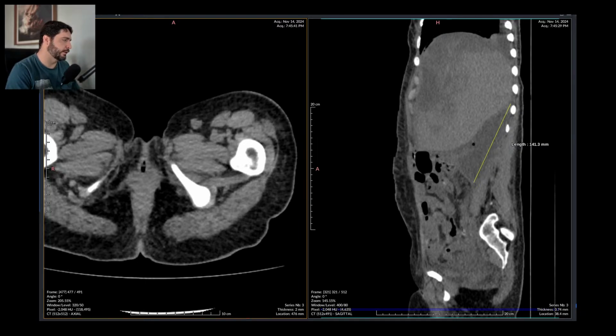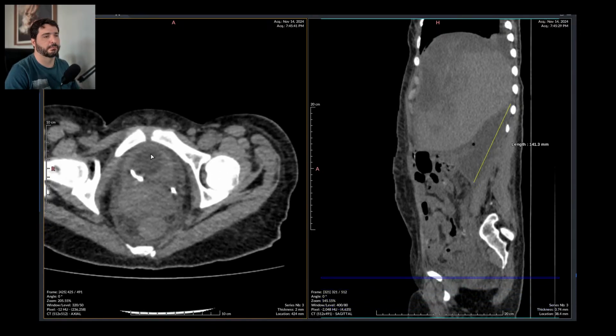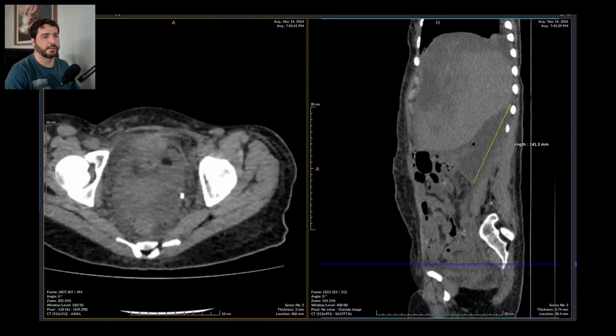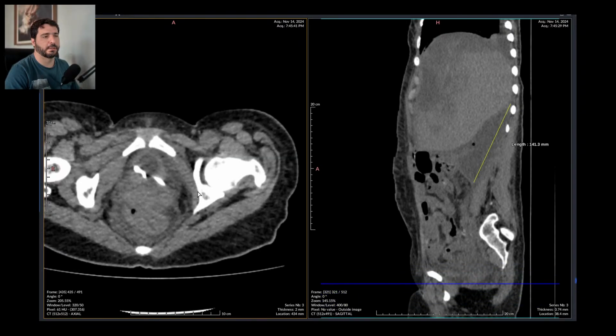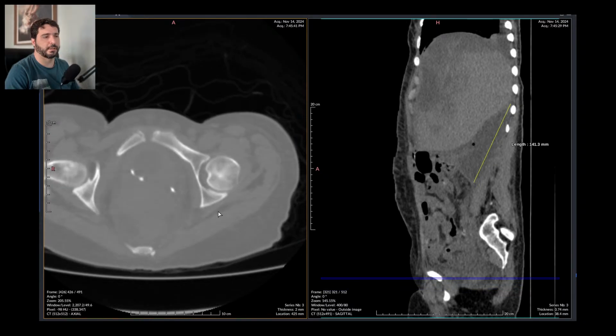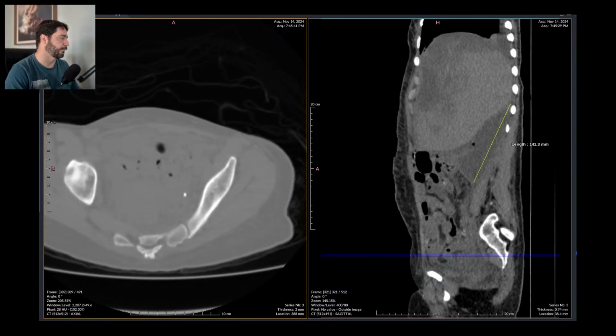The bladder has a probe right there, and also the urinary catheter, the urinary stent right there.